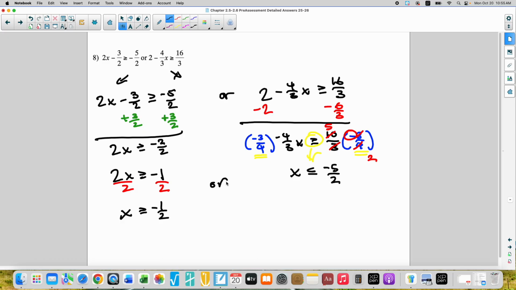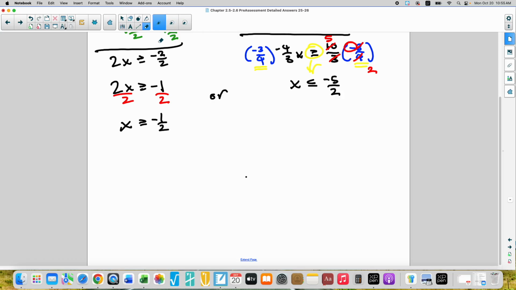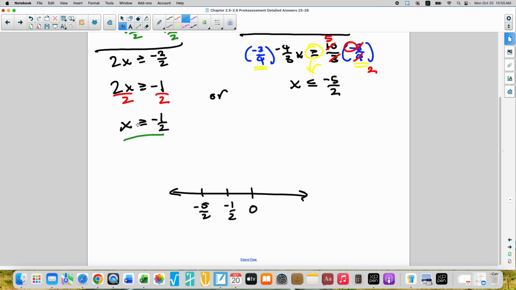And it's an or statement. So it's important to be able to see and visualize this. Make sure you see the work. So if we do this, let's write our fractions. Negative 5 halves is to the left of negative 1/2, which is to the left of 0. Let's do this in green. This is a closed circle going to the right.